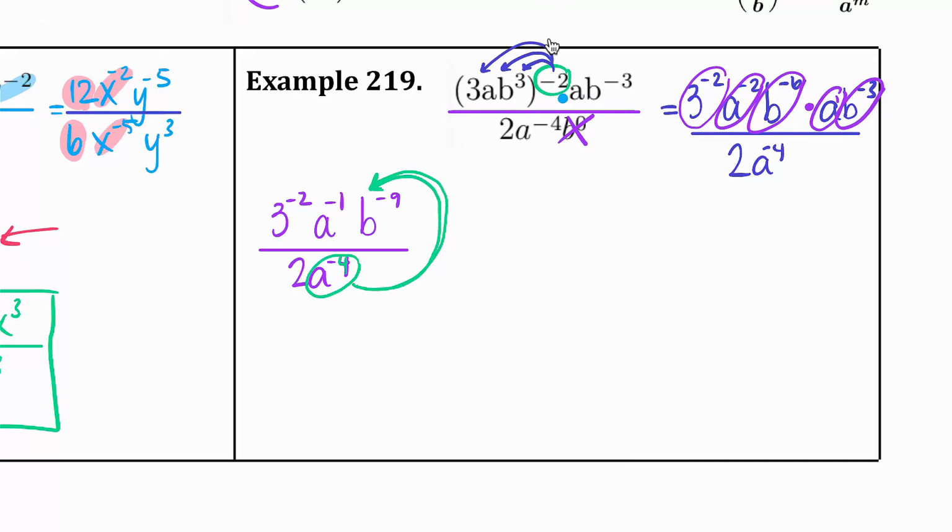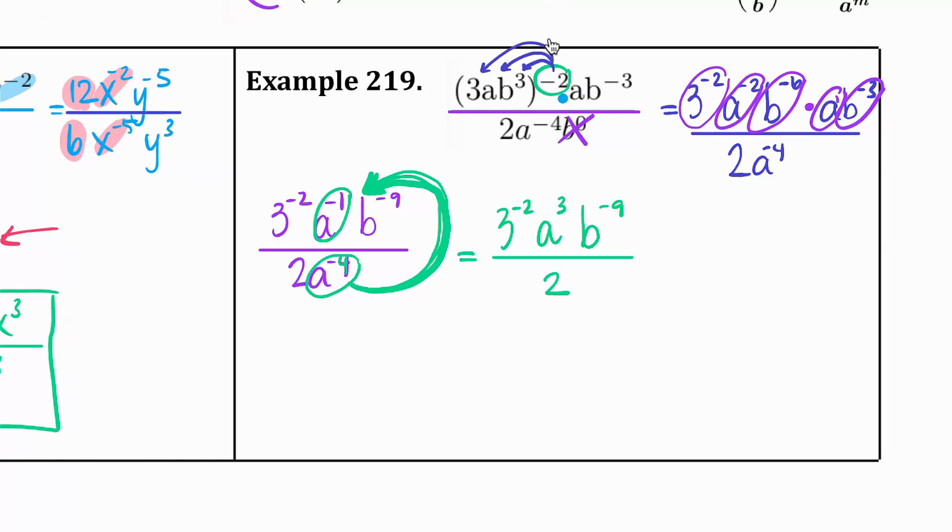It becomes a positive 4. So there was a to the negative 1st. We're now moving a to the positive 4th. So we're going to end up with a to the positive 3rd on top. Everything else is going to stay the same for now. All we did was take those a's from the bottom, move them to the top.